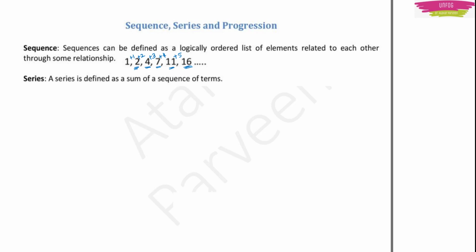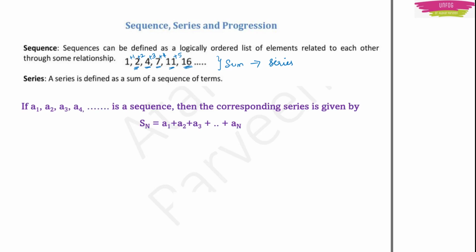Now what is series? Series means it is the sum of this sequence. It is known as series. Okay, now I'll give you a simple summary. See, for example, if A1, A2, A3, A4, ... if this list is a sequence, then the corresponding series for this sequence will be A1 plus A2 plus A3 till AN.